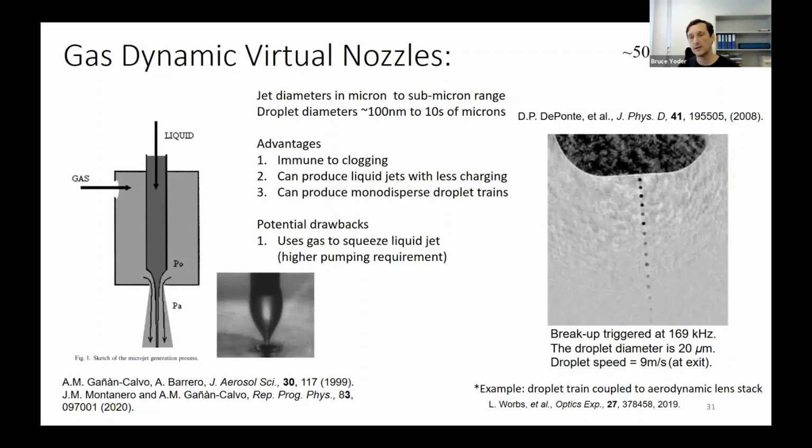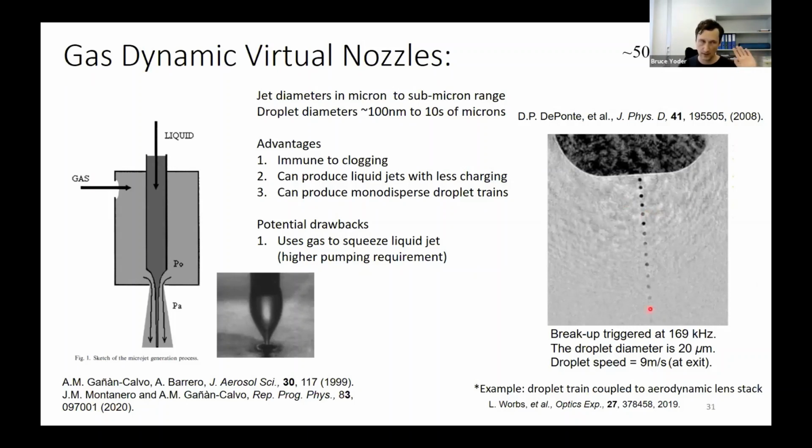By applying a modulation frequency, this can be attractive for producing a stream at repetition rates up to at least hundreds of kilohertz. That said, I'm not sure what the allowable working distance would be for such a particle stream due to turbulence from the significant gas flow around the nozzle.